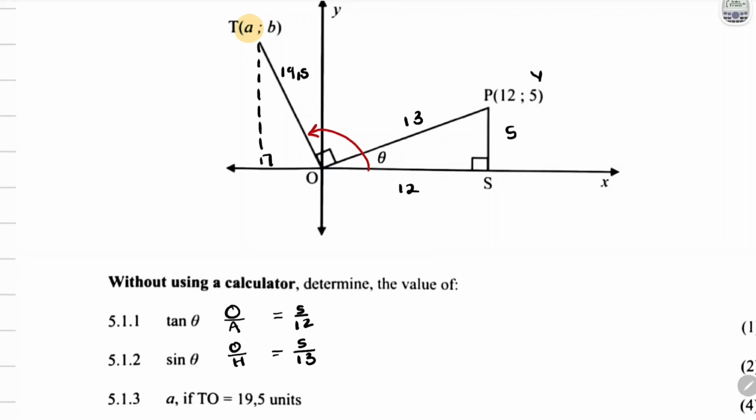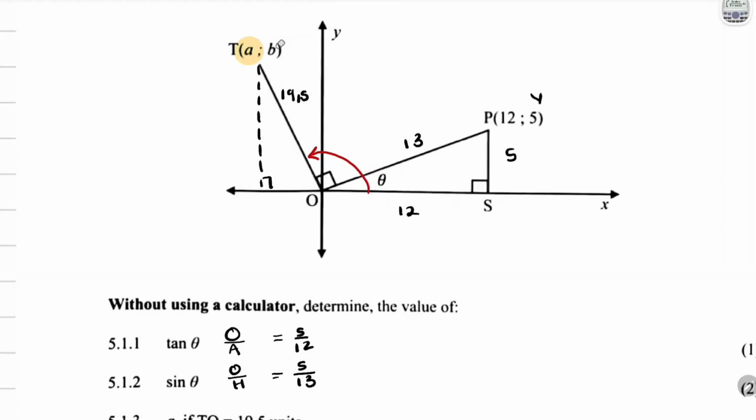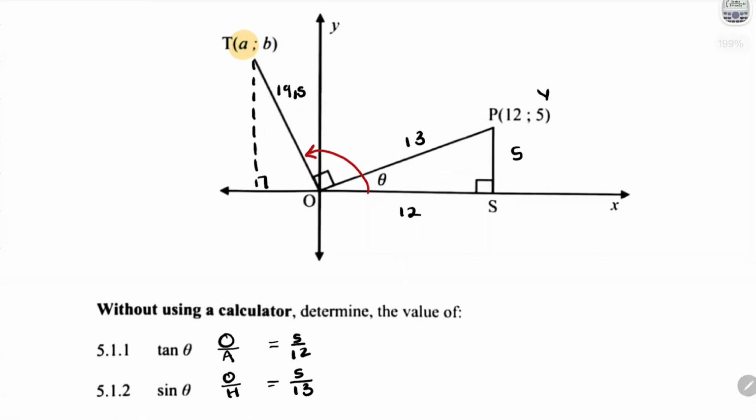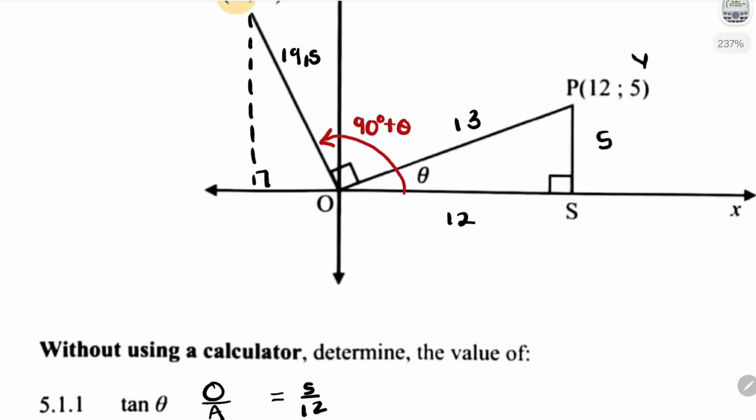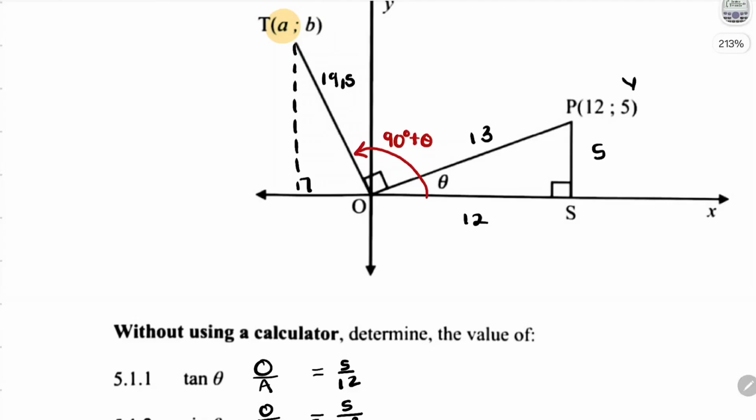Using your reductions, you can reduce the size of that angle so that it becomes an acute angle. So we need to find the size of the angle that OT forms, which is made up of theta and the 90 degrees, so 90 degrees plus theta altogether. That's our reference angle over there.